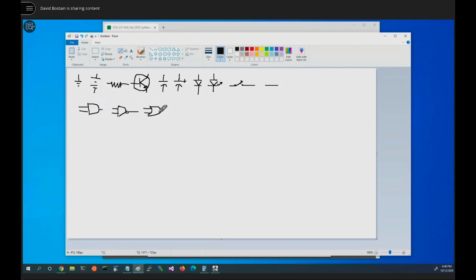So this is an AND, this is an AND, this is an OR. That's an OR. However, we have two others we need to know.